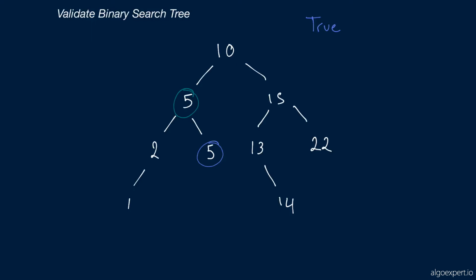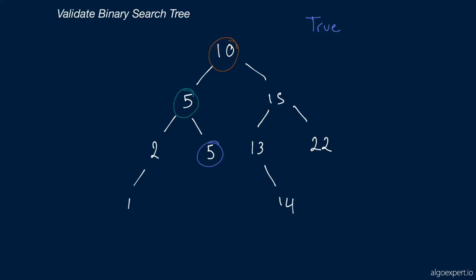Okay? Now, similarly, if we go up this node's ancestor tree, we have the 5 as its direct parent, and then we have another parent here, which is the 10. And so because our purple 5 here is to the left of 10, it's in the left subtree of the 10 node, the orange circle, that means that the value of this node has to be strictly less than the value of this node.